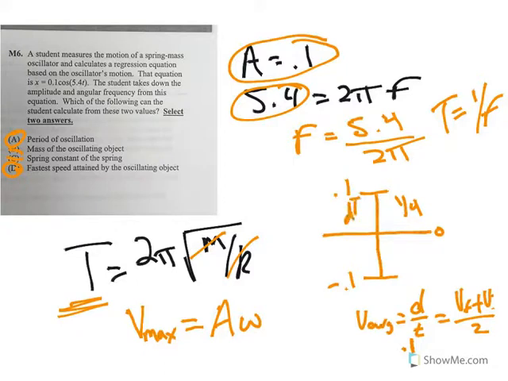This would be your D. 0.1 divided by 1/4 of the period, the time it would take to get back to equilibrium, equals VF, which would be its max speed, because it would reach its max speed when it gets to the midpoint, plus the initial speed up here, which is 0 because it's not moving, divided by 2. And you could figure it out that way. Is this the most efficient way to do it? Absolutely not. You could do it that way, and you would figure out that it's D.